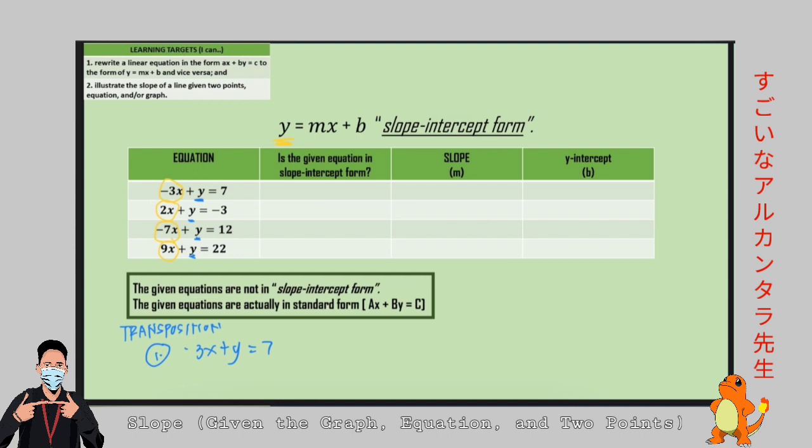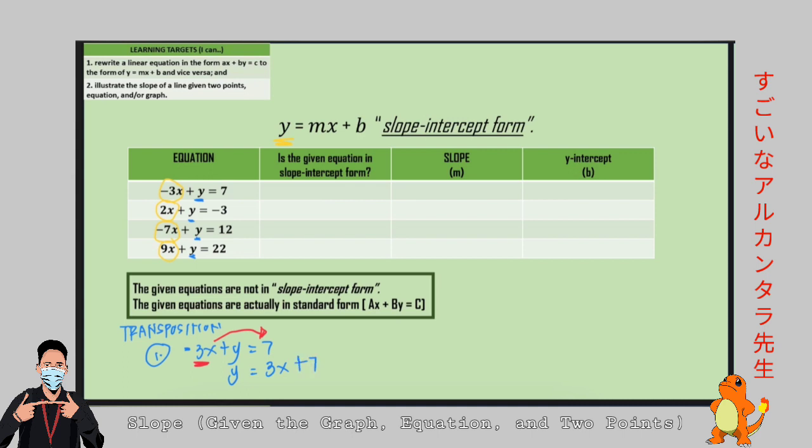I will put negative 3x to the other side of the equation so that the y will be alone. When you do transposition, the sign should change. So negative 3x will become positive 3x, and then the 7 is positive, so 3x plus 7.